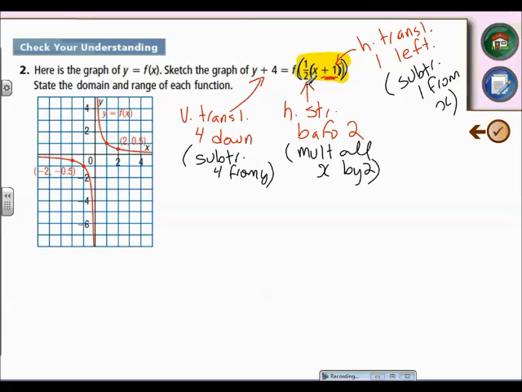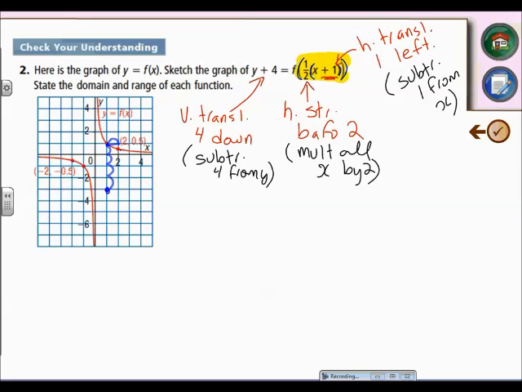Okay, here we go. Let's take each point. They give us 1, 2, 3, 4 points to do. Take this first point, and we're going to multiply all the x's by 2. It goes from 1 to 2, and then move it, subtract 1 back to where it was, and subtract 4. 1, 2, 3, 4.